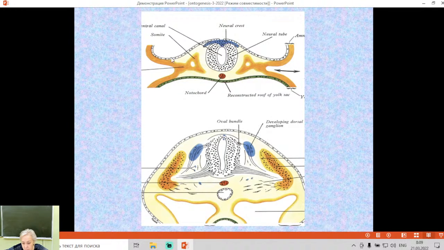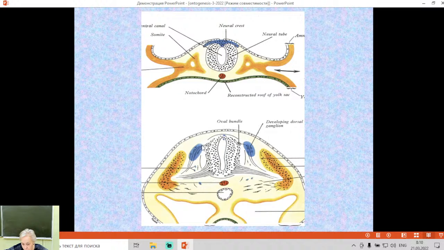On this slide, you can see ectoderm. Ectoderm, after formation of the neural tube, will be called skin ectoderm. It's the process of differentiation of mesoderm, neural tube, notochord and endoderm.